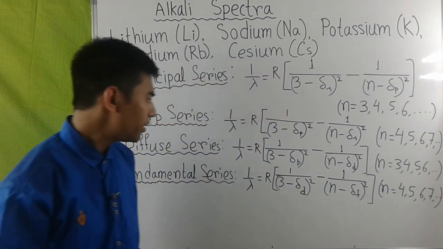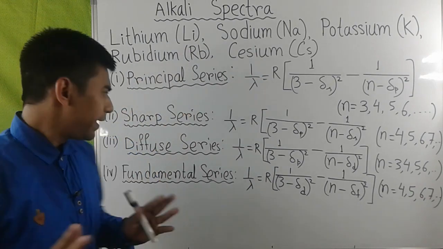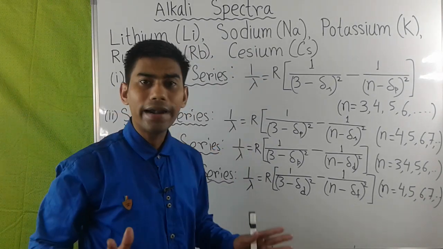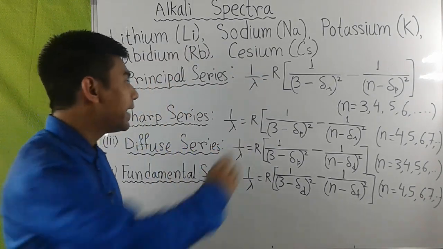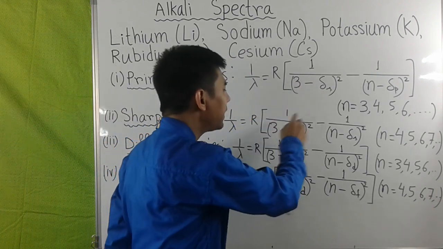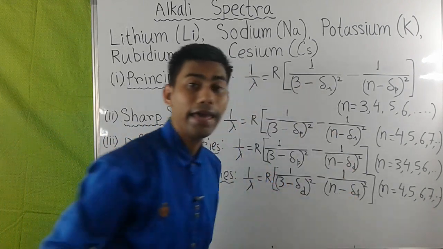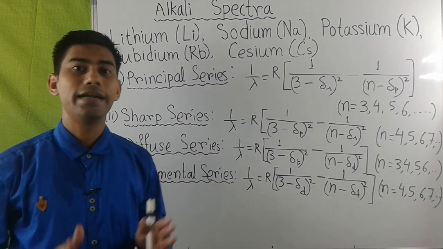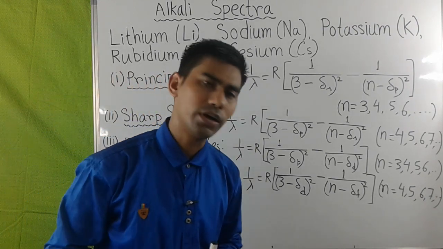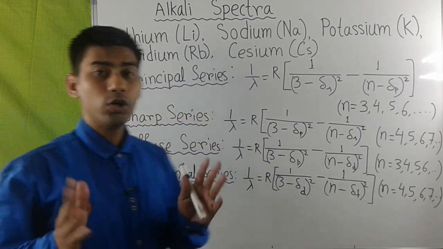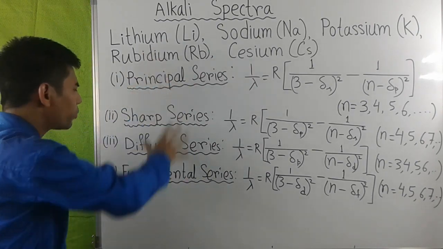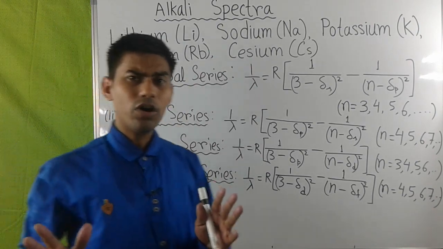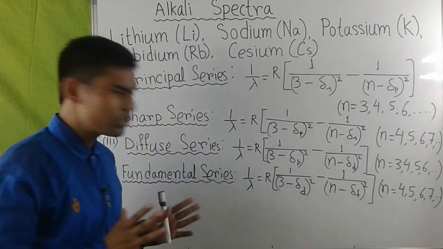Now we know here R is the Rydberg constant, and delta S, delta P, delta D and delta F are numbers determined empirically.